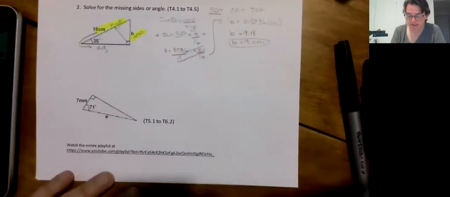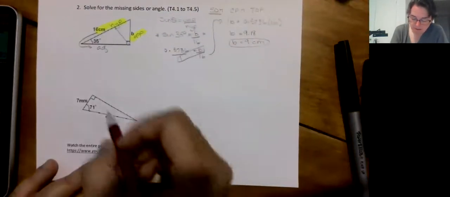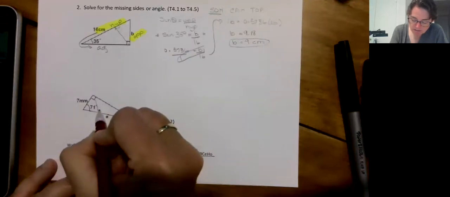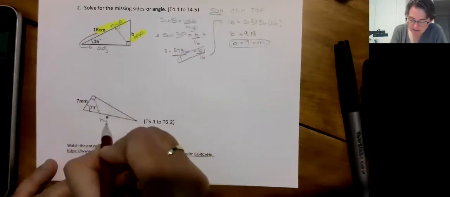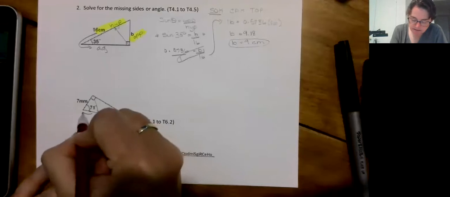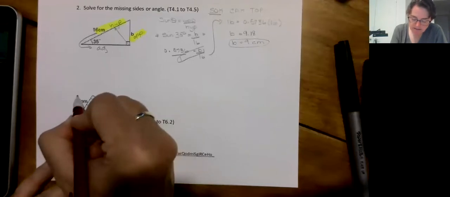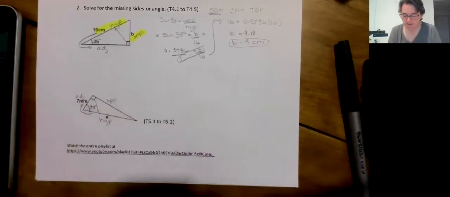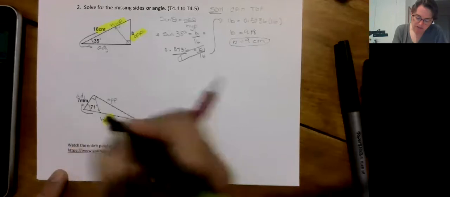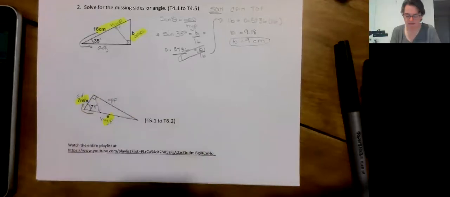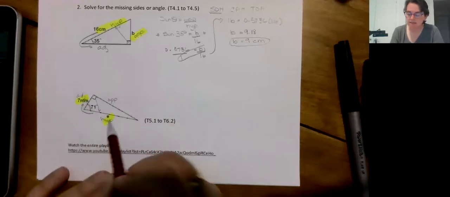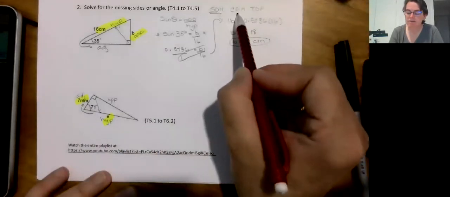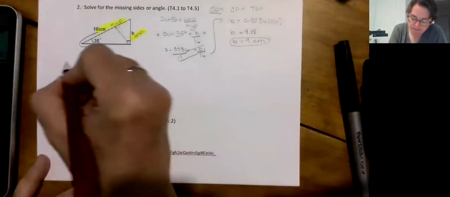All right, let's take a look at this one. Starting with, we're going to label it hypotenuse. Around the corner where the angle is, this is adjacent, and this is opposite. Now, in this question, I'm looking for hypotenuse. I have my adjacent. So, adjacent and hypotenuse, it's going to be cosine.